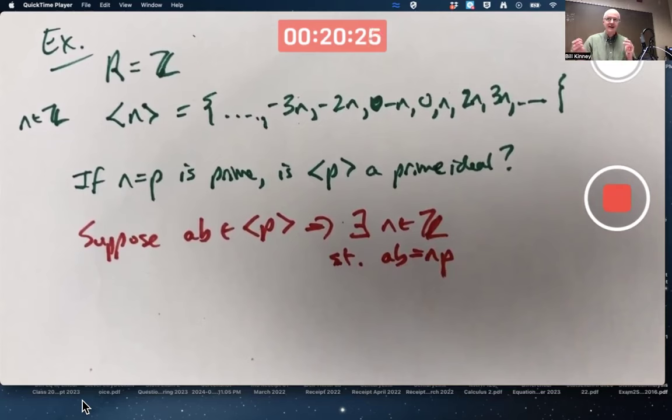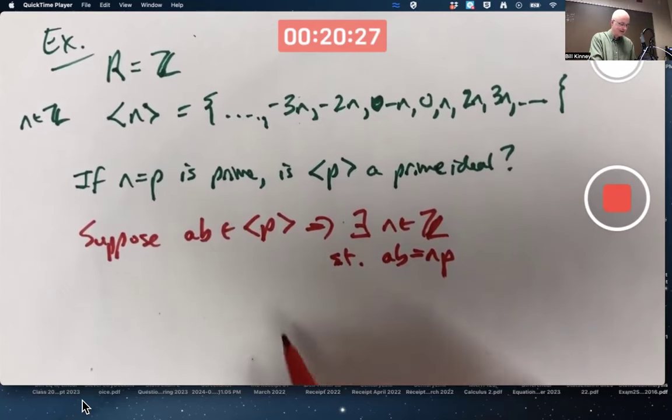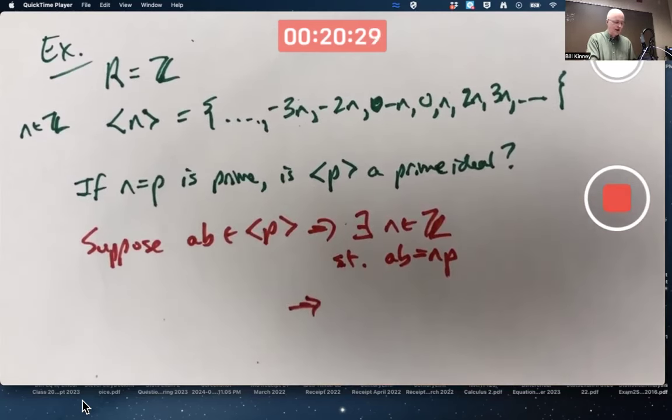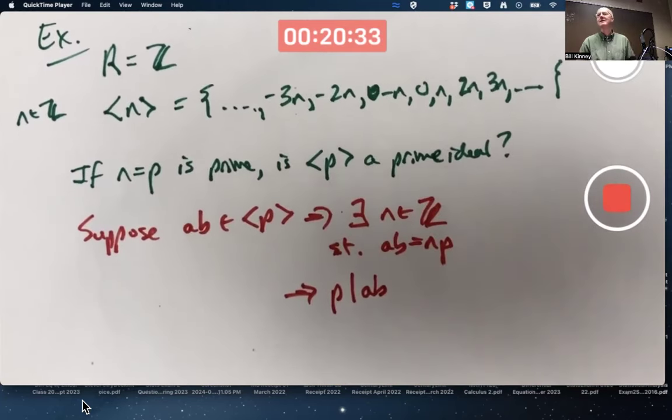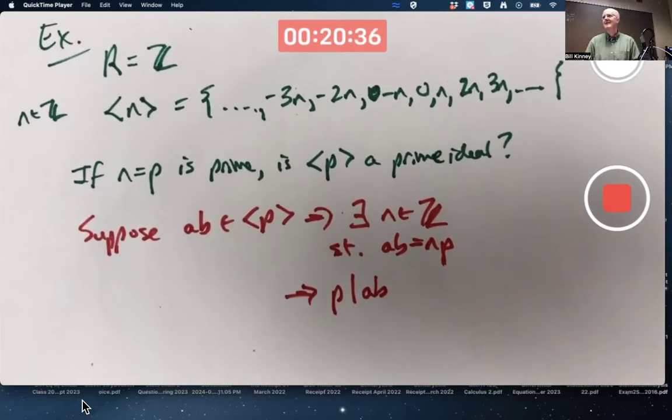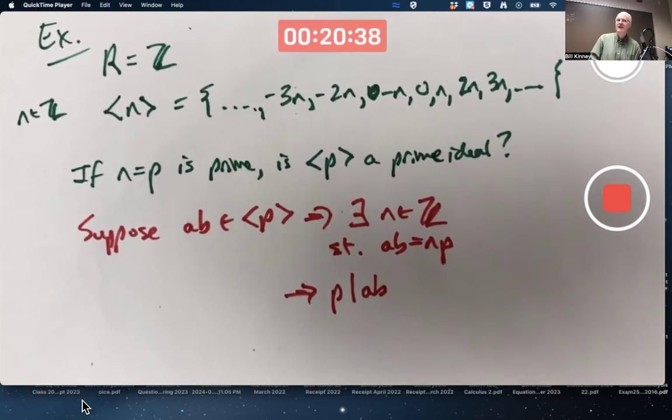What does that mean? Think back to chapter 0. Another way to write this is to say P divides A times B. And what pretty fundamental fact in chapter 0 did we have?